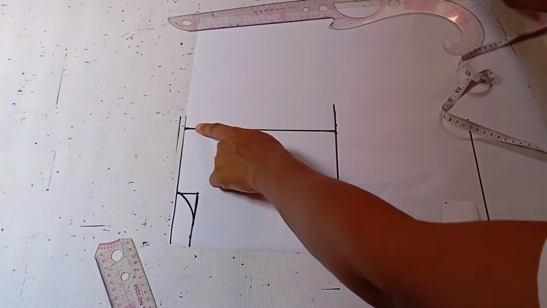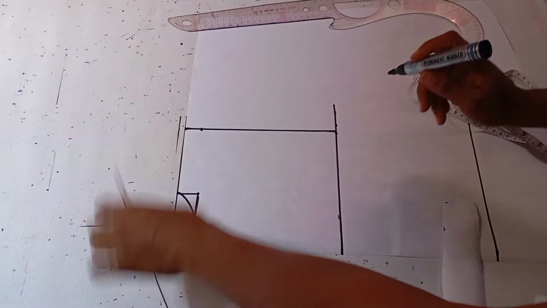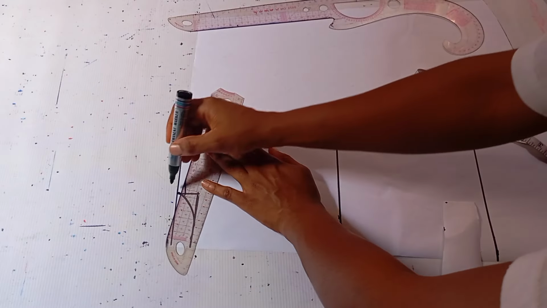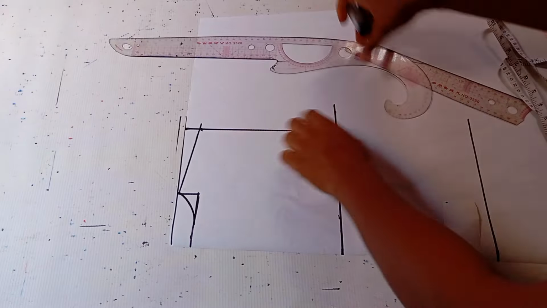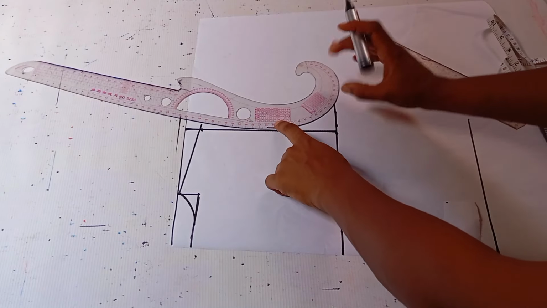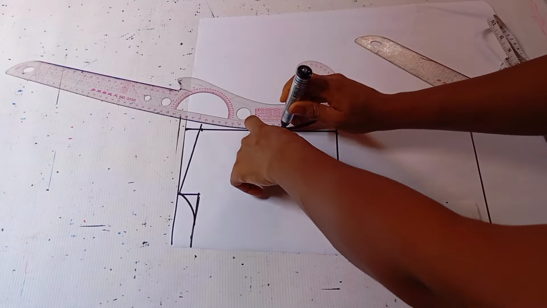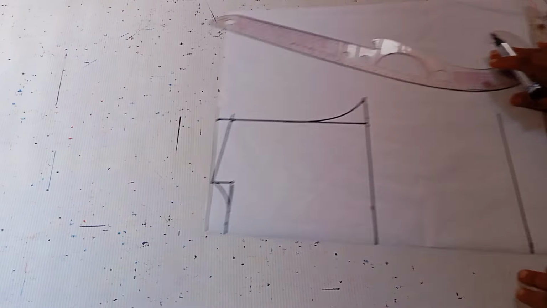From here, I'm coming down by 1 inch. Then I'm going to go ahead and connect it. What I'm going to do next is that from here, I'm going to connect it all the way to this line.